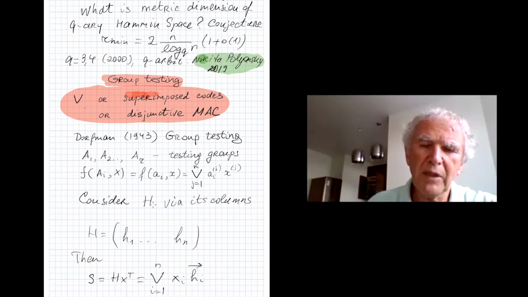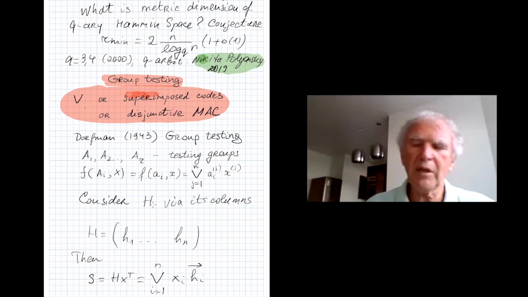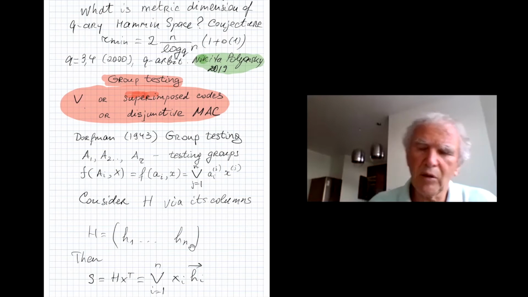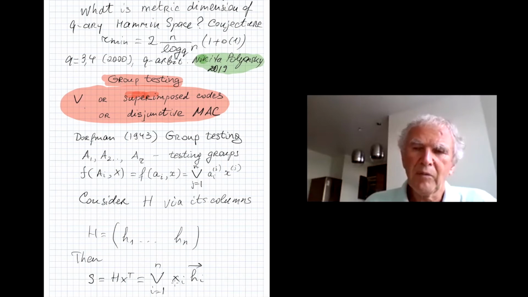So, finally, I would like to think now not about rows in my matrix H. Of course, I will put the characteristic vectors of A1, A2, AR as rows in my matrix H, but now I want to consider matrix H by columns.